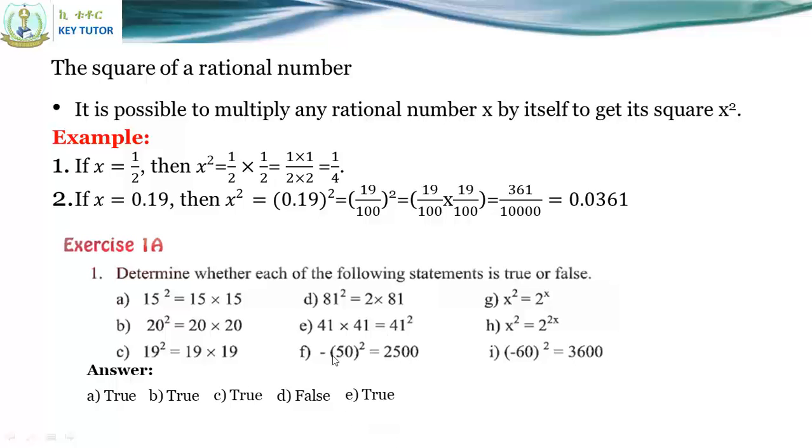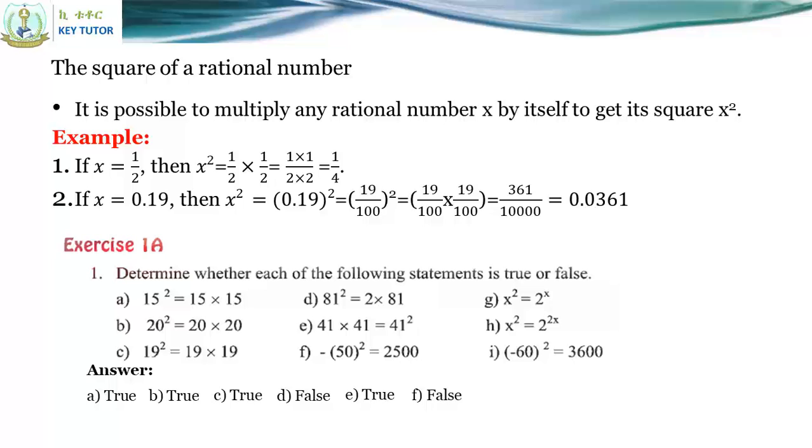Negative 50 square. Mind you here, negative is out of the bracket, hence it should have been negative 2500, but here you have only 2500 positive, so this is false. x square, is it equal to 2x? No, not necessarily, but by chance if we take say 2, yes, it is right.